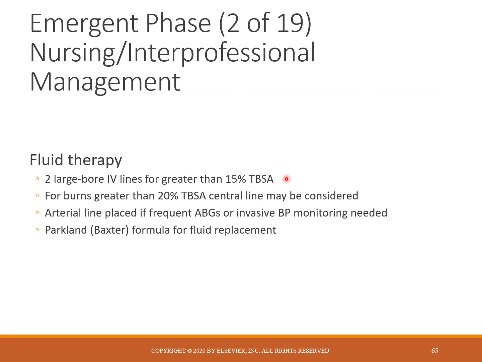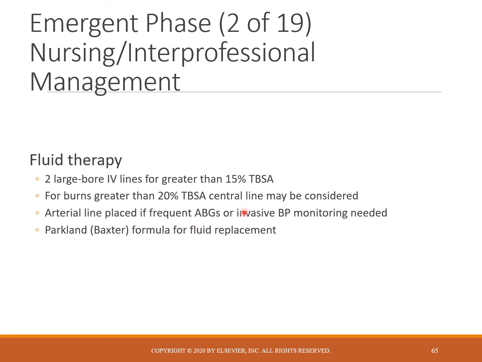So if it's greater than 15, your patient will need large bore IV, but there are times your patient might need central line, especially if the burns is greater than 20. Okay, so we need these lines to give fluids, and we will need arterial line so that we can draw ABG from it, and invasive blood pressure monitoring can also be done through it.